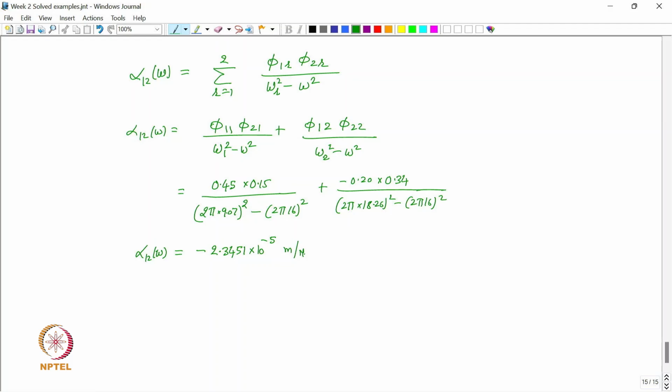So, this FRF says that if you apply a unit amplitude harmonic force at the second degree of freedom, then how much is the response at the first degree of freedom?